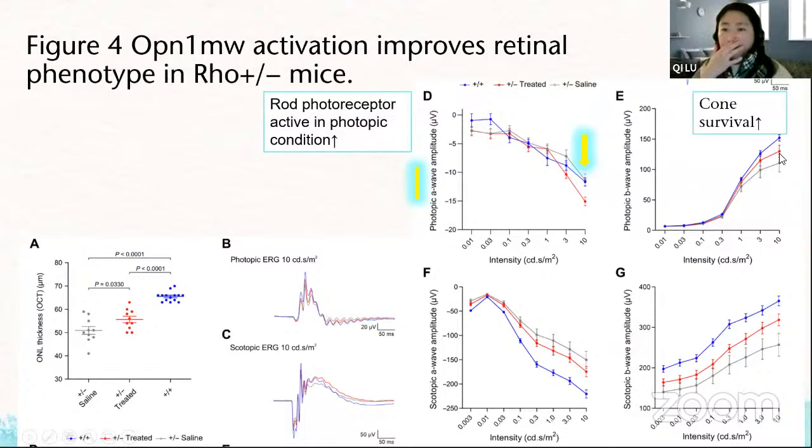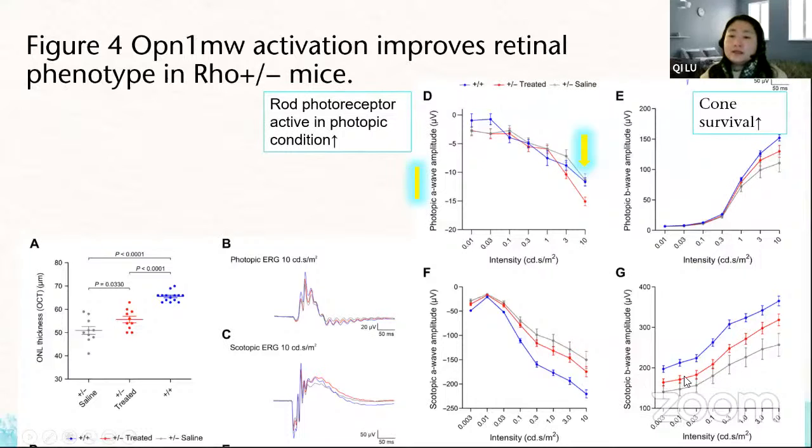And the B wave, the on-bipolar cell response, is also improved. It doesn't surpass the wild-type response, but it's still improved in the scotopic response, better than the saline negative control.